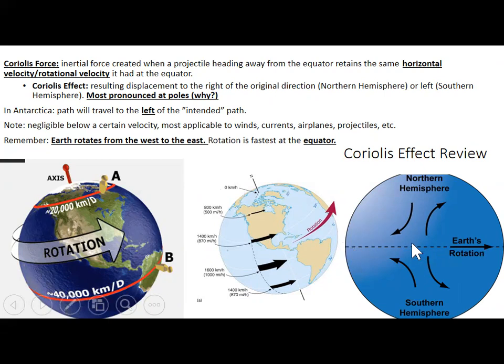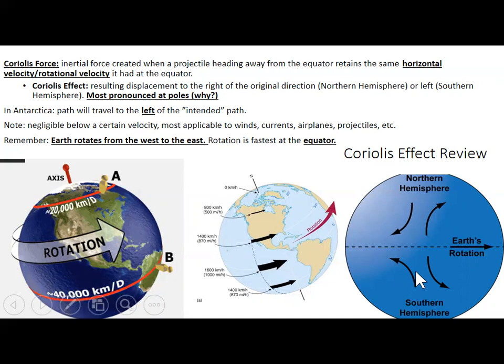You would be rotating fastest at the equator. An object launched from the South Pole is going to kind of lag behind in a sense. Instead of traveling this way, it's going to kind of get dragged over here because it actually has a slower spinning velocity than the ground underneath it.